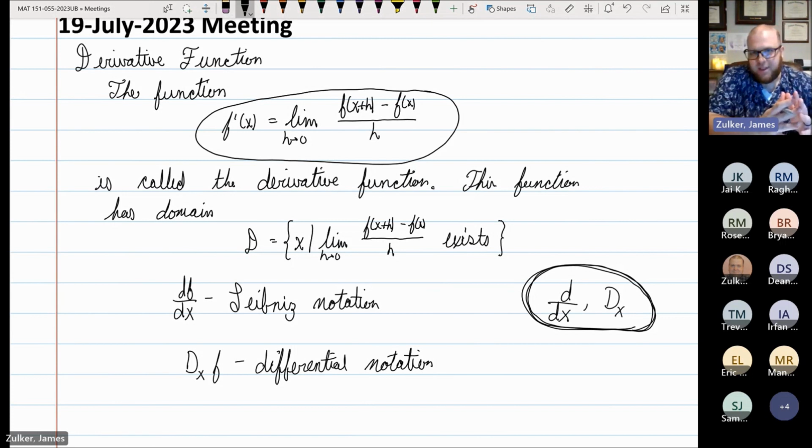What we looked at previously is the derivative.